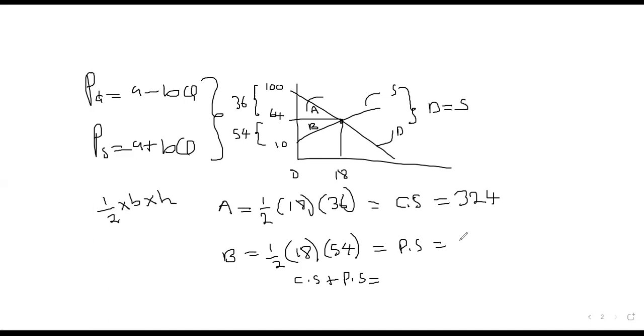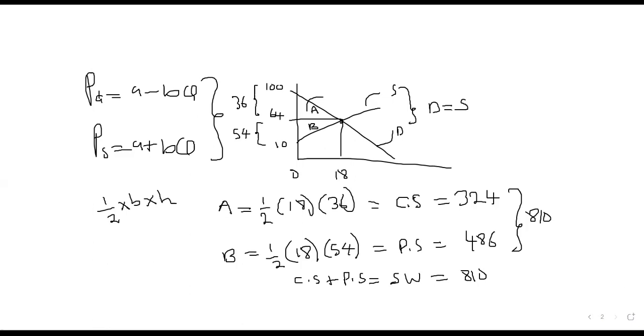And what is the area here? 486. All right. So collectively, we get what we call the social welfare. Social welfare is when we total up the consumer surplus and the producer surplus, as has been illustrated.